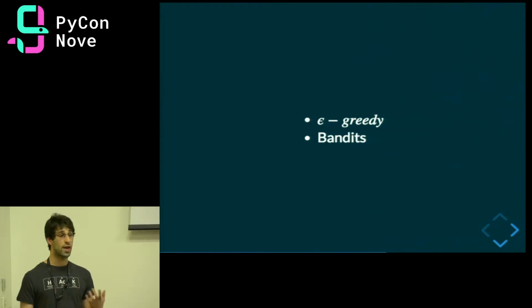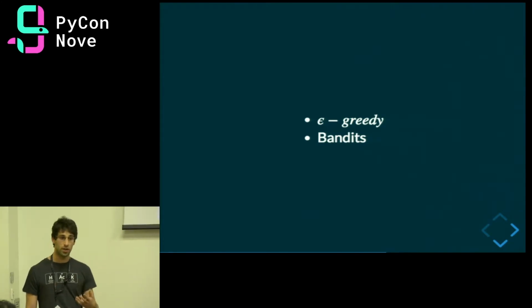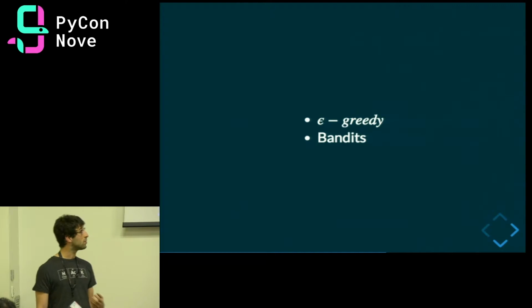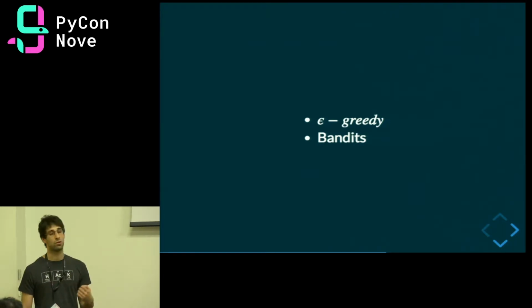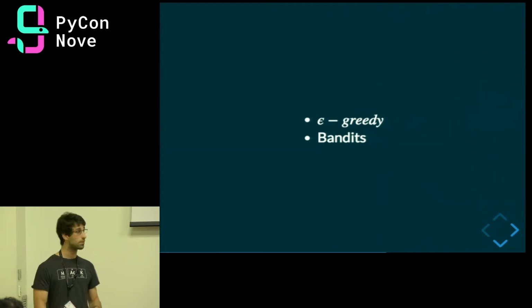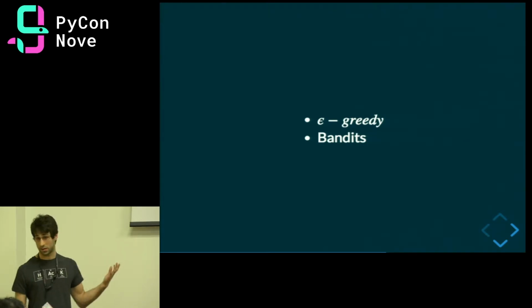We would like to do something a little bit more interesting. We might want to try actions that we feel like they are right. What does it mean to feel they are right? It means that we want to try actions that we believe could somehow improve our situation. Or in other words, we would like to try actions for which we are uncertain about the value. And that's what bandit does.